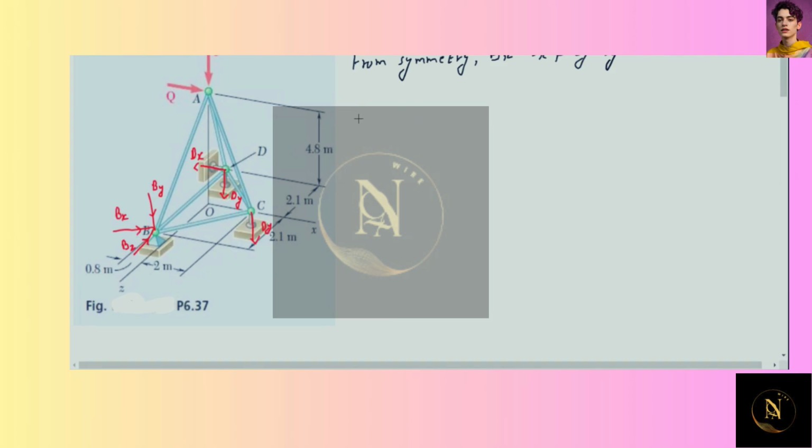Now apply equilibrium in 3D. The equilibrium equation, summation along x equal to 0, gives us 2 bx plus 2968 Newton equal to 0, it's given in the question.